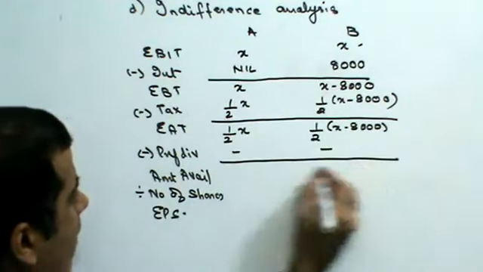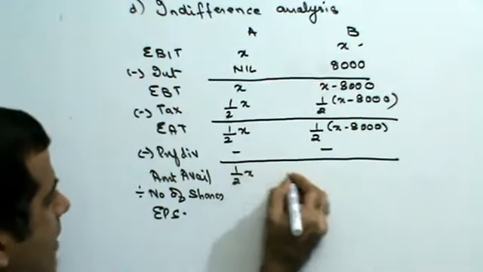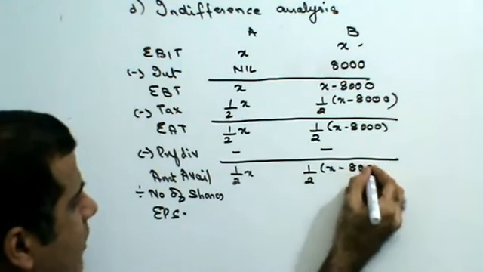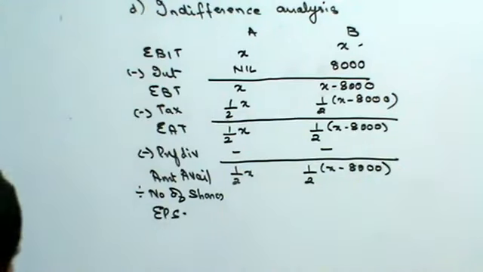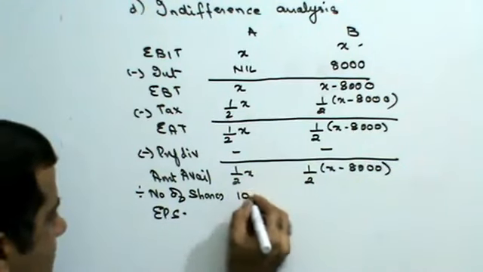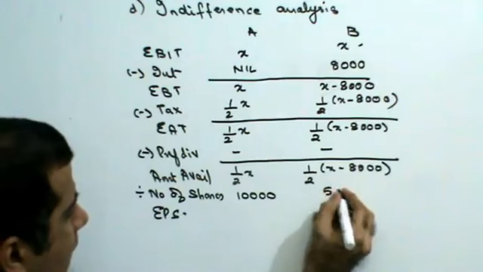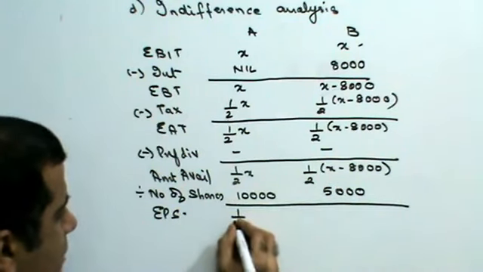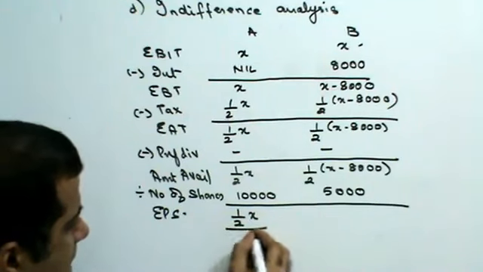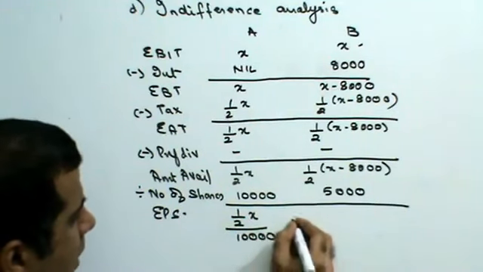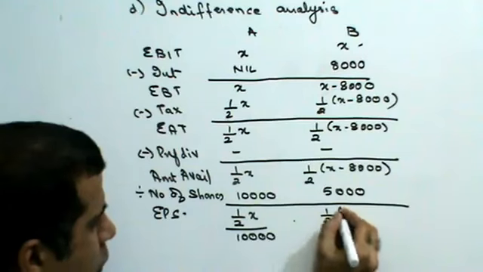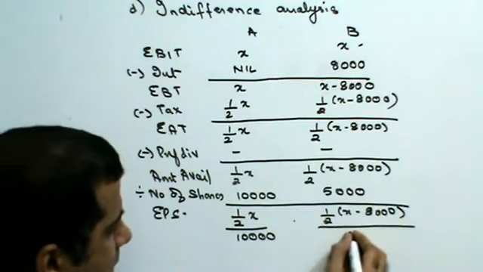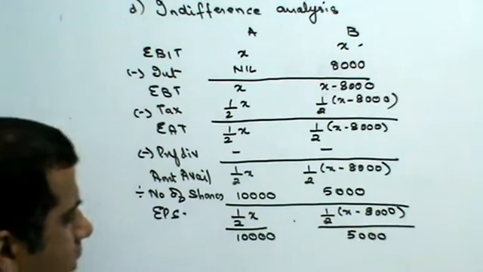Therefore, the amount available will be 1 upon 2x and 1 upon 2 into x minus 8,000. Number of shares. Plan A has 10,000 shares and plan B has 5,000 shares. Therefore, your EPS will be 1 upon 2x divided by 10,000, and here this will be 1 upon 2 into x minus 8,000 divided by 5,000.